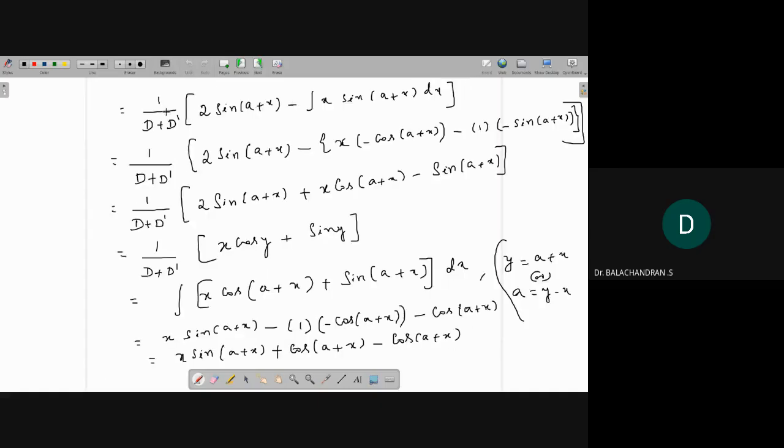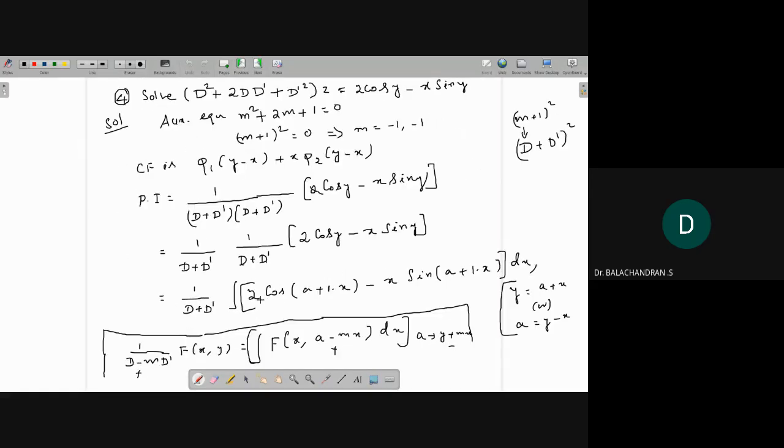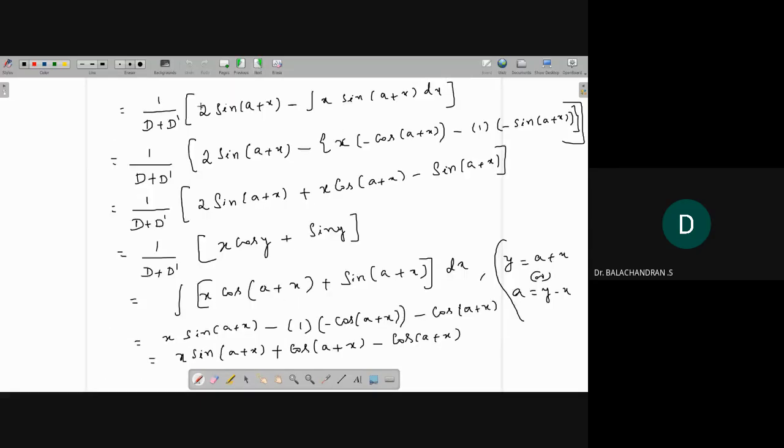Next step, 1 by (D plus D dash). If you integrate this, you'll get 2 sine of a plus x minus the integral of x into sine of a plus x into dx. There is nothing new here. This is u, this is v. So keep u as it is. If you integrate sine of a plus x, you will get minus cos of a plus x, minus, if you differentiate x, you will get 1.